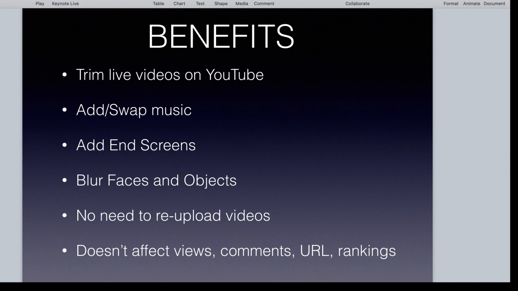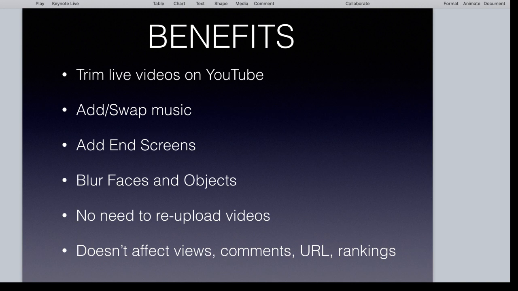You can add music to the video if you don't have music from YouTube's audio library, and you can swap the music. So if you didn't like the music, or you've got a copyright claim on your music, then you can mute it, or you could switch it out for copyright-free audio or music.